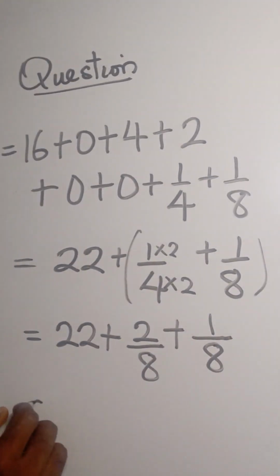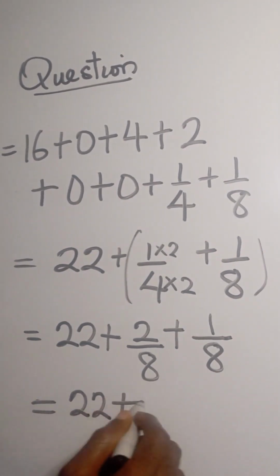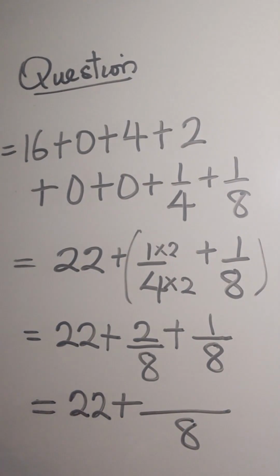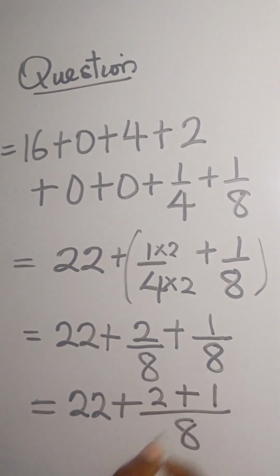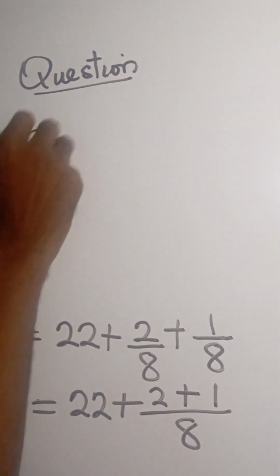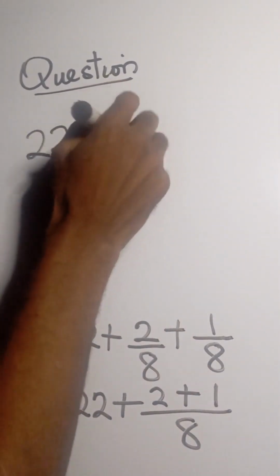Since they now have equal denominators, 8 is the LCM, so we have 2 plus 1, which further gives us 22 plus 3 over 8.